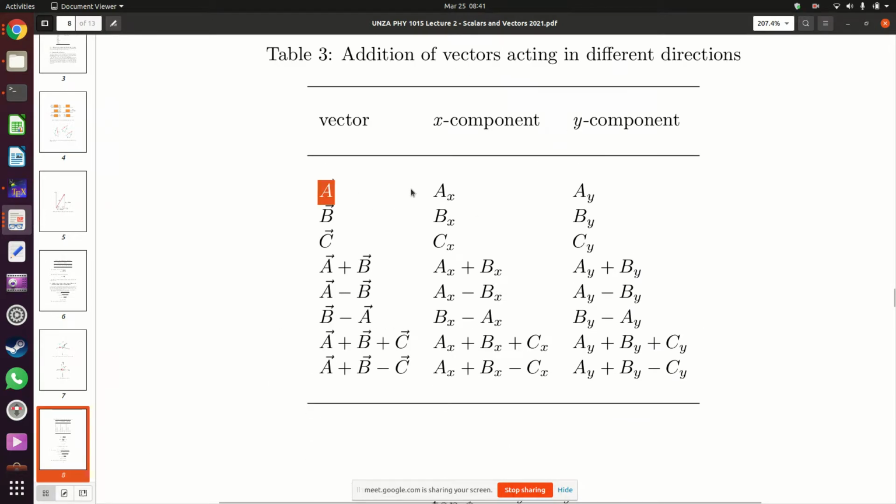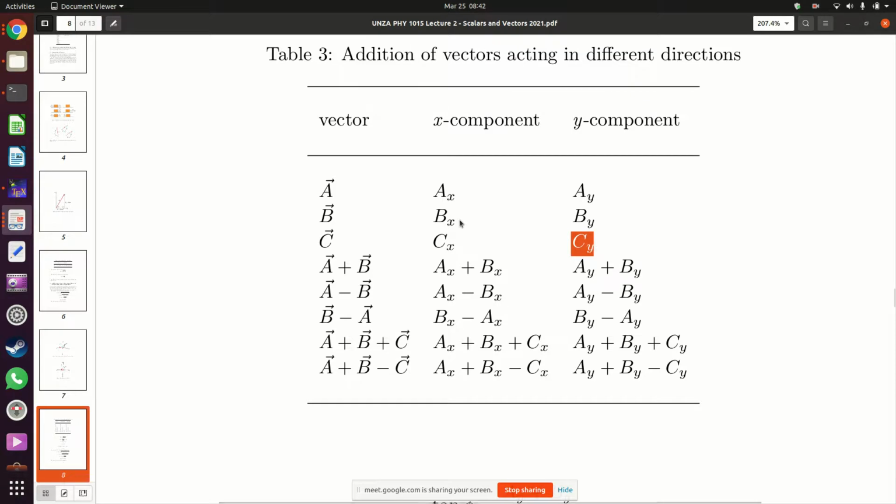For vector A, you work out AX, then you work out AY. For vector B, you work out BX, how much vector B is along the x-axis, then also how much vector B is along the y component. For vector C, you work out CX, then also how much vector C is along the y component.